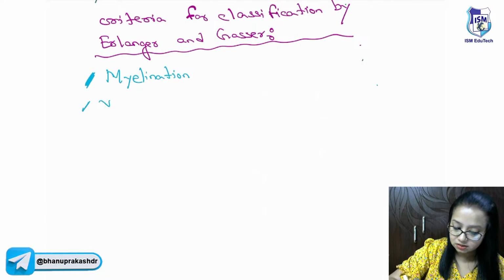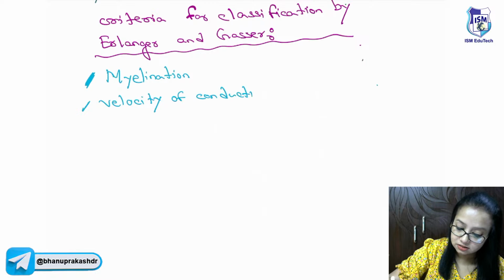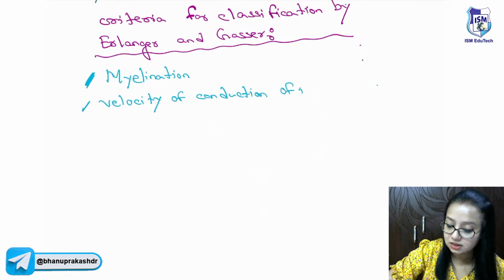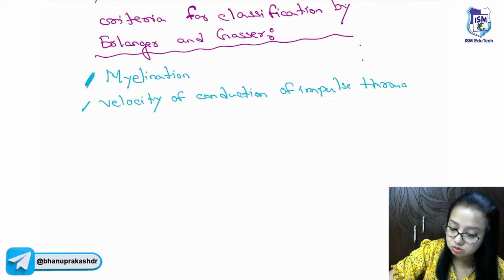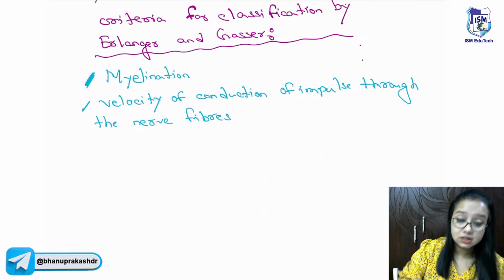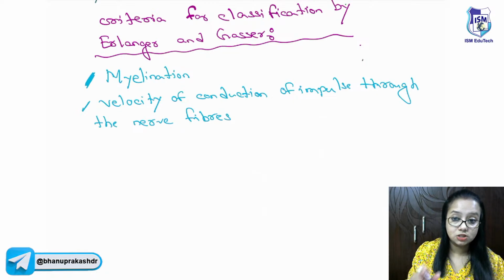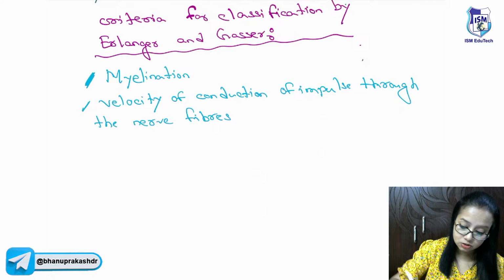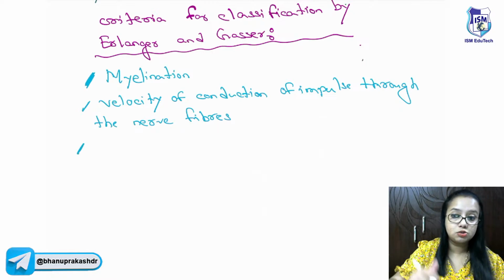Second was the velocity of conduction of impulse through the nerve fibers. Yesterday we studied that the myelin sheath is one of the important factors determining the speed of the impulse conducted through the nerve fiber.